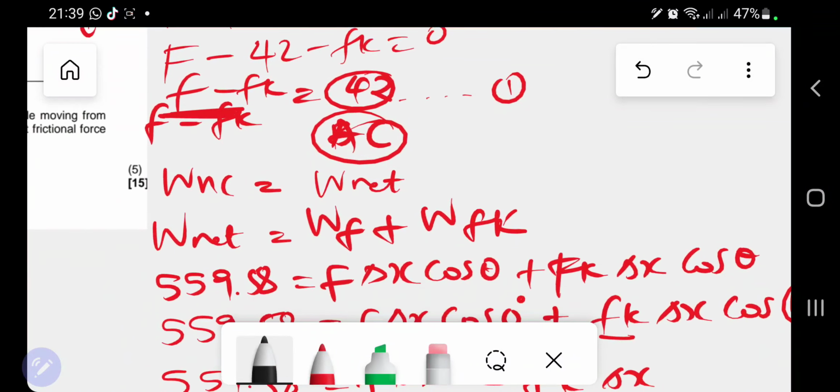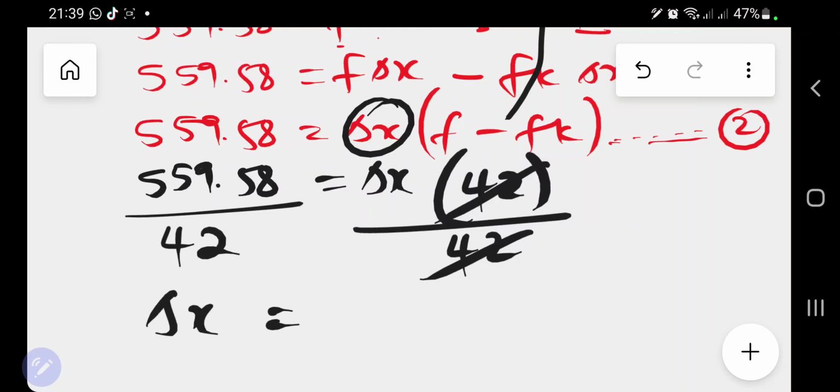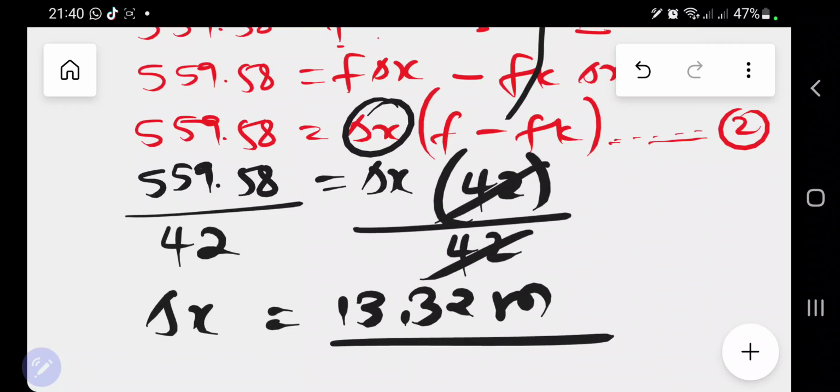Then we divide both sides by 42. Δx equals 559.58 divided by 42, which is 13.32 meters. This is my suggested answer.